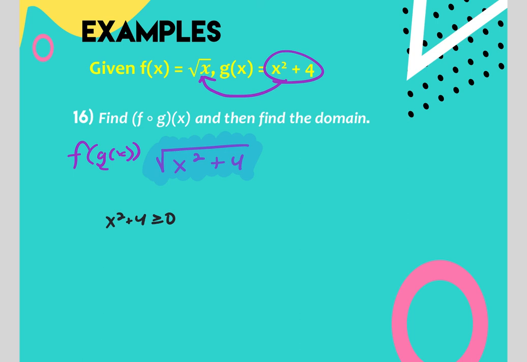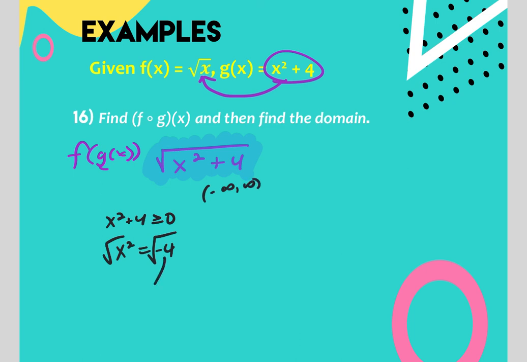Squared inequality again. So we solve. When I square root the -4, is there an answer? No, which means there's no value from this equation that's going to make it negative, which means the domain on the composite is all real numbers.